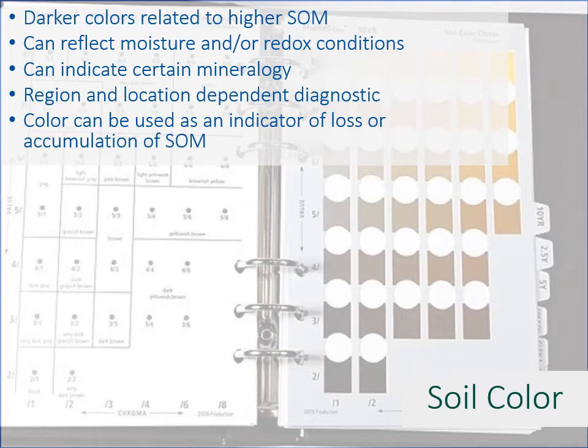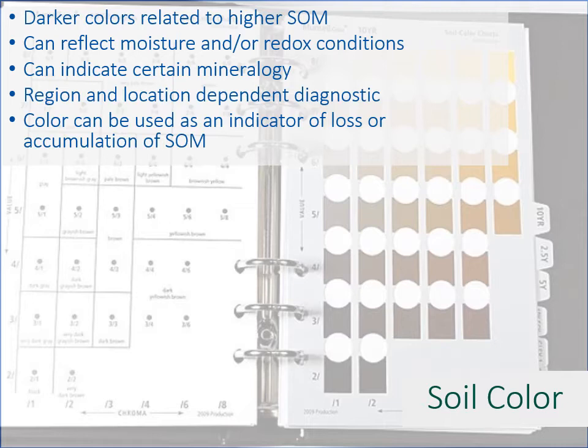When we look at soil color, darker soil colors would indicate higher organic matter or systems where we're building organic matter, whereas lighter soil colors would indicate that we have lower organic matter or systems where we're depleting that organic matter. And so those are just some of the things that we want to think about here, that color is an indicator of loss or accumulation of organic matter.